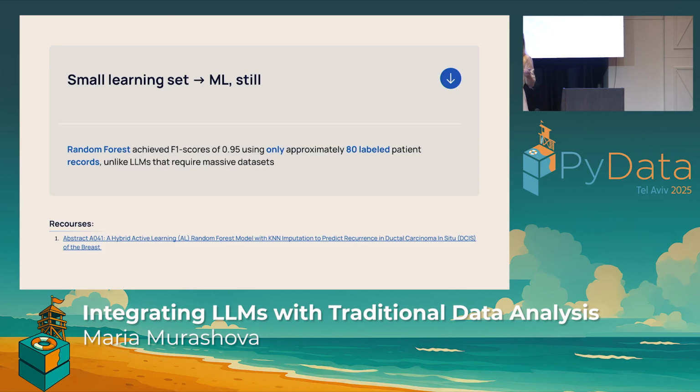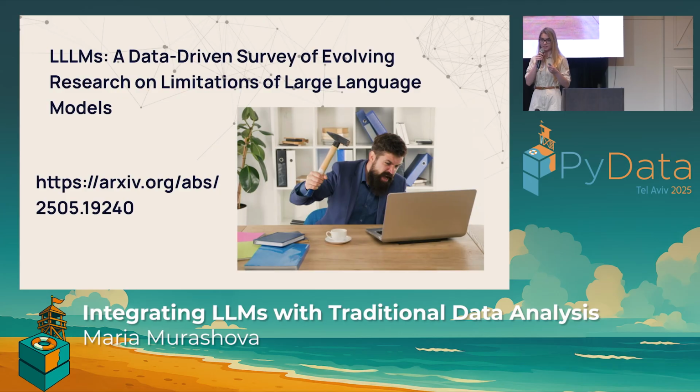And just a very nice thing: while building this presentation, I found a comprehensive workbook of everything that can go wrong with LLMs. So if you have someone in your company who is really pushing for an LLM project, but you think that it's not a good idea, just send him this research, thank me later. Like everything in every domain, what's going on with the LLM, here is the research.